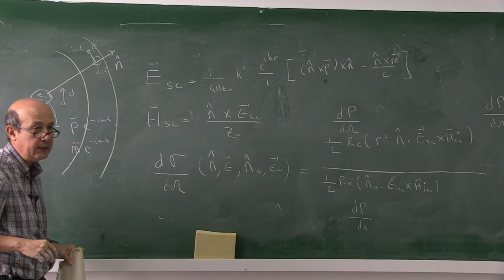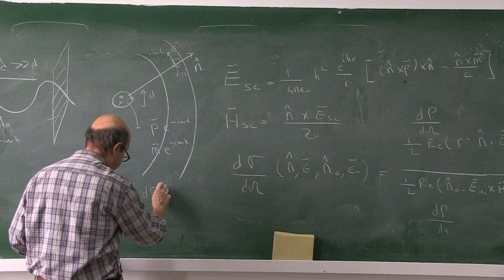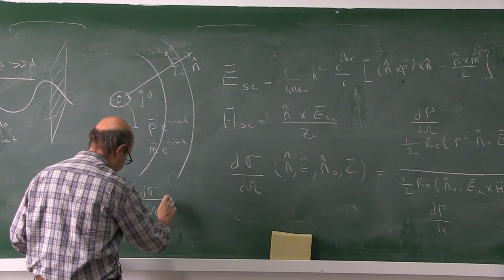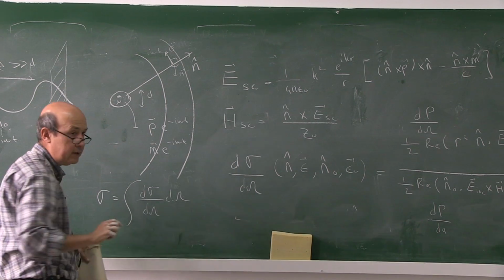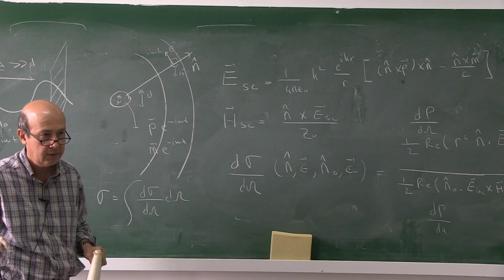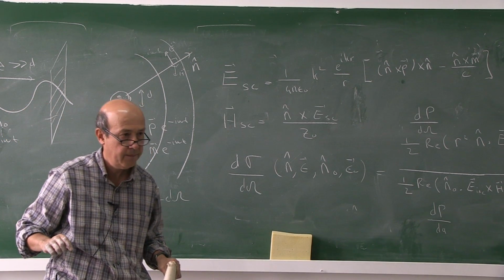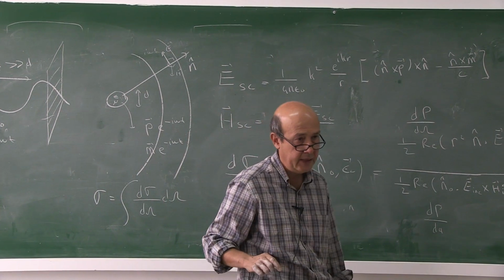And if you calculate the total scattering cross section, what is the unit of the total scattering cross section? Dimensions: area, length squared. So this is the basic idea.